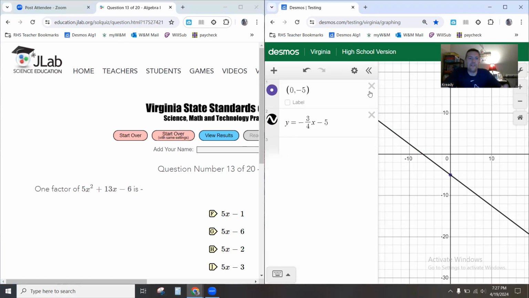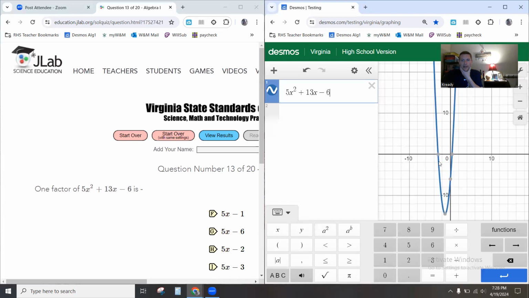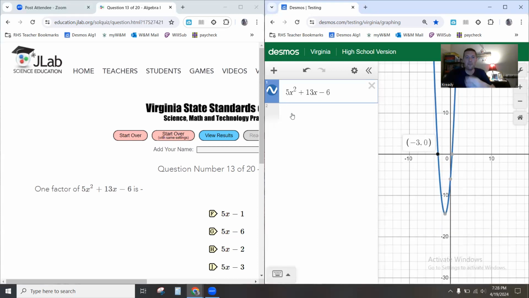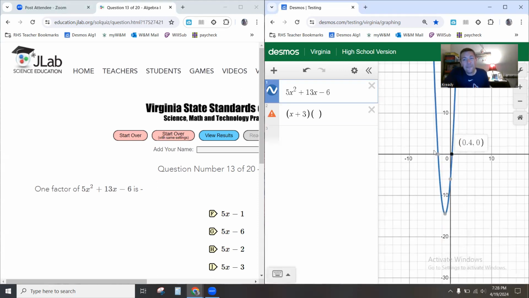One factor. So if I would graph this quadratic, 5x squared plus 13x minus 6, I have my quadratic. We can work backwards. That's going to be x plus 3. Okay. And then I'm going to say, okay, that's 0.4.